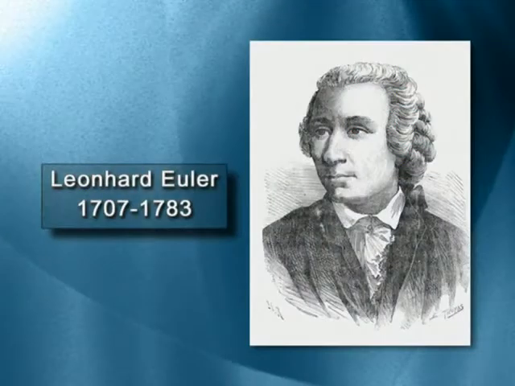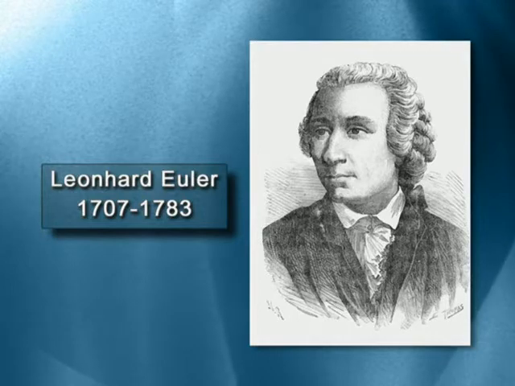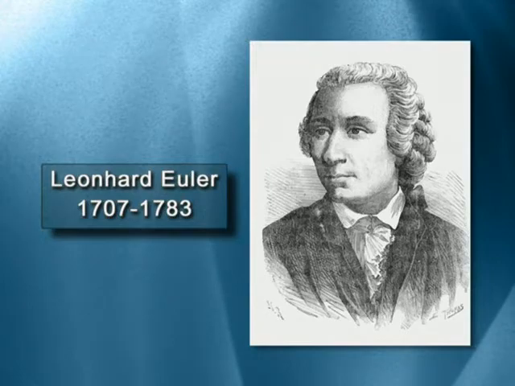The letter e was chosen by the Swiss mathematician Euler, one of the greatest mathematicians of all time, in 1727. The story is that he chose e because it's the first letter of exponential, and not because it's the first letter of his last name.